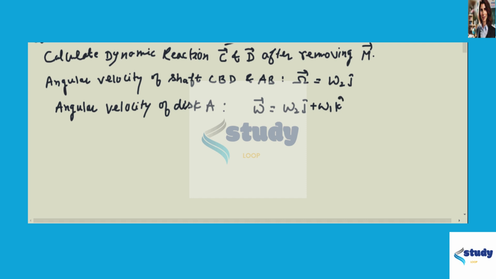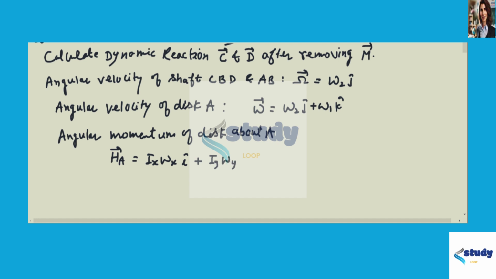So the angular momentum of the disk about A, H A, will be I x omega x i cap plus I y omega y j cap plus I z omega z k cap.